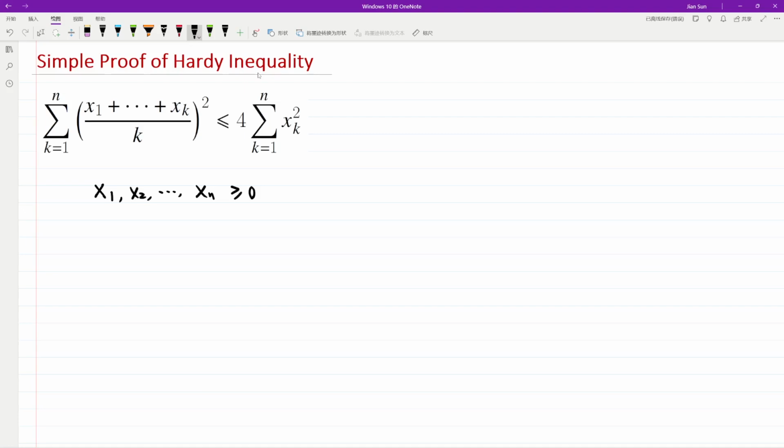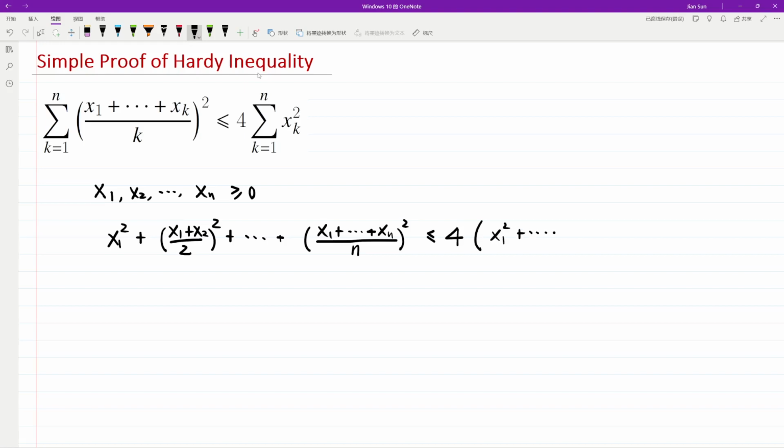If we want to write it out explicitly, the inequality is the following: x1 squared plus the square of x1 plus x2 divided by 2, which is the average of x1 and x2, and we add all the way to the square of the arithmetic average of x1 to xn, is less than or equal to 4 times x1 squared plus up to xn squared.